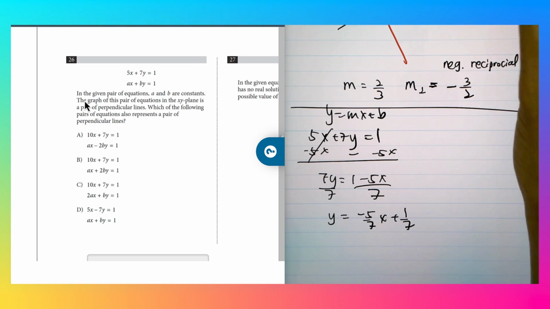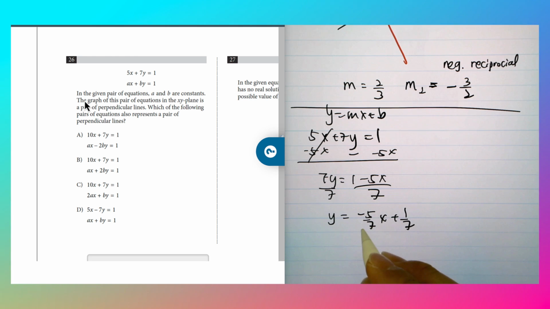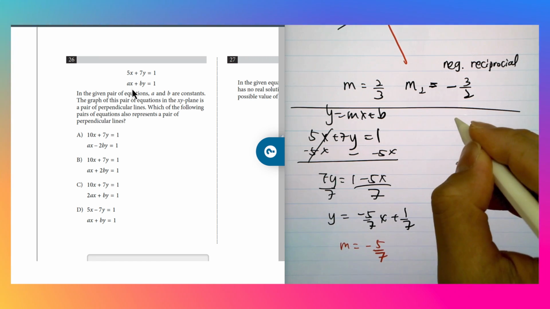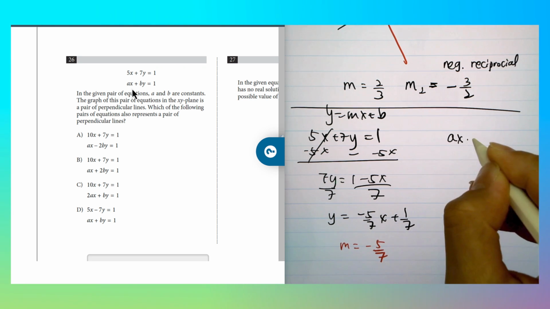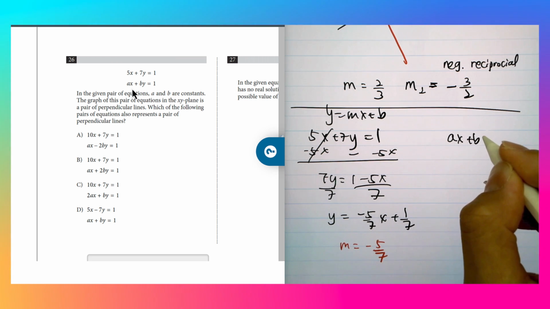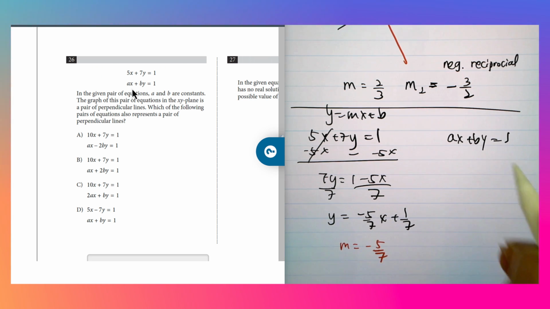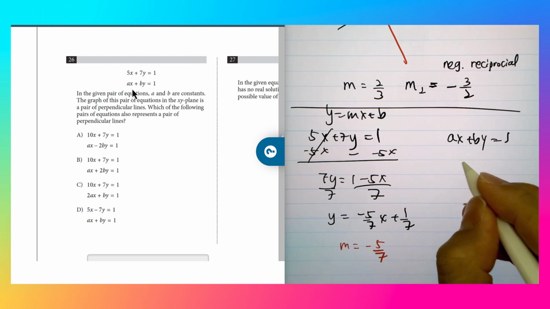Now if you match with y equals mx plus b, m is equal to negative 5 over 7. Okay. Now the other equation is a perpendicular. So for now, let's do the same method. ax plus by is equal to 1. Let's isolate the variable y.